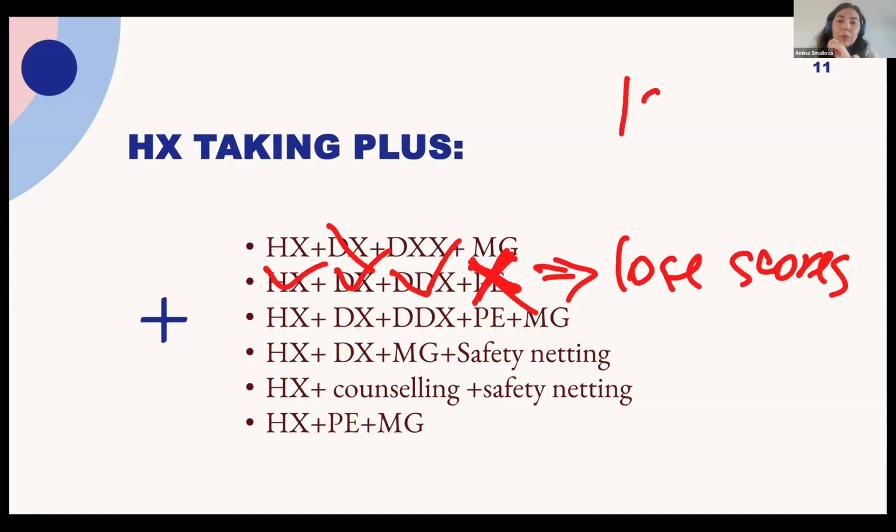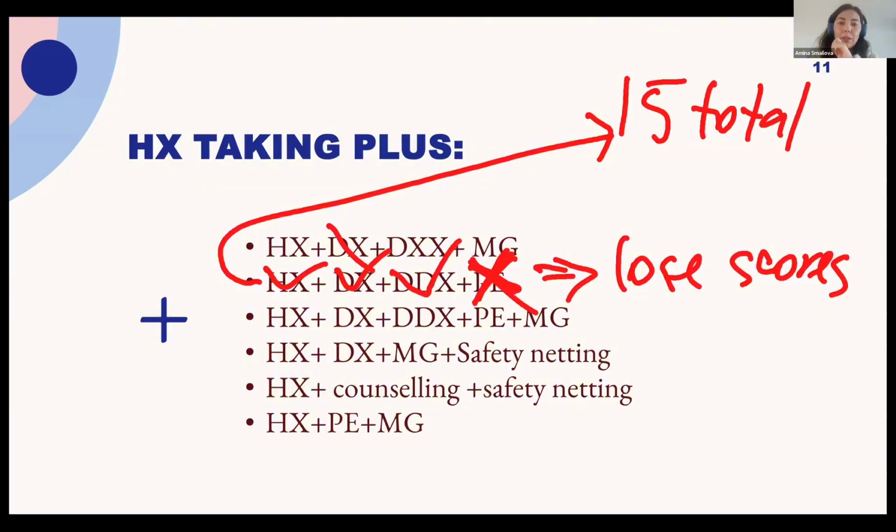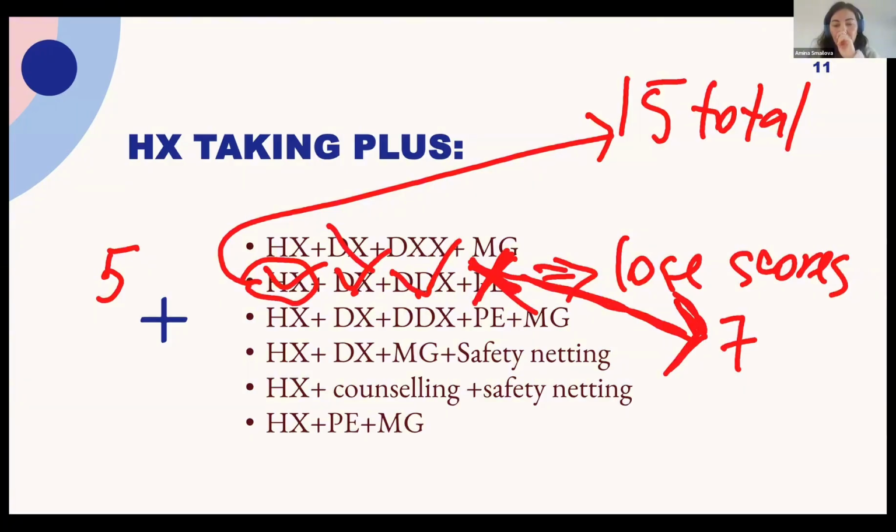Let's say the total score will be 15 for this station. History taking, they will give 5. Physical examination, they will give, let's say, 7. The rest will go for diagnosis and differentials. So you see, you will lose a big chunk, a lot of scores from here.